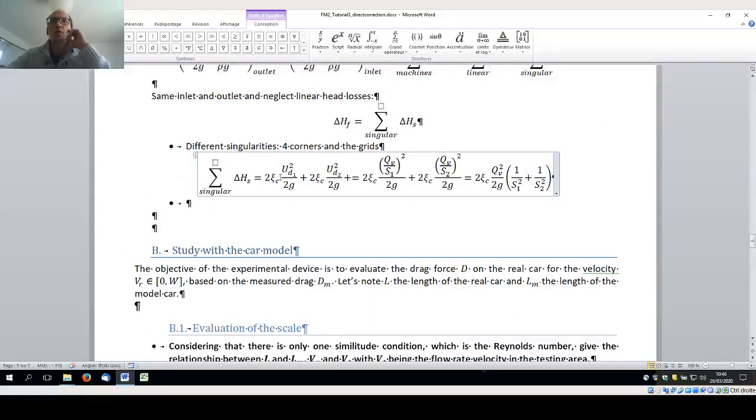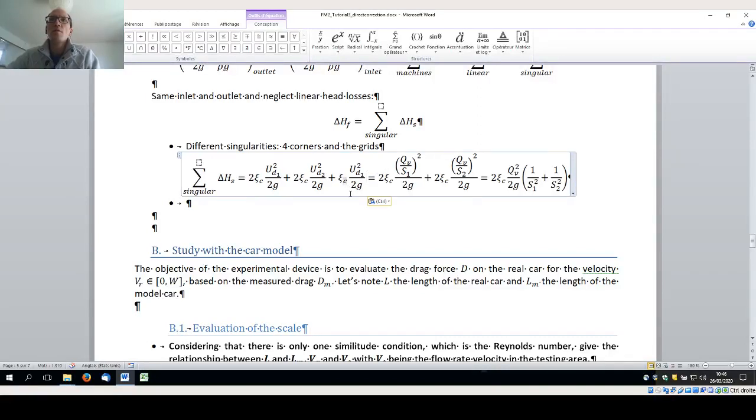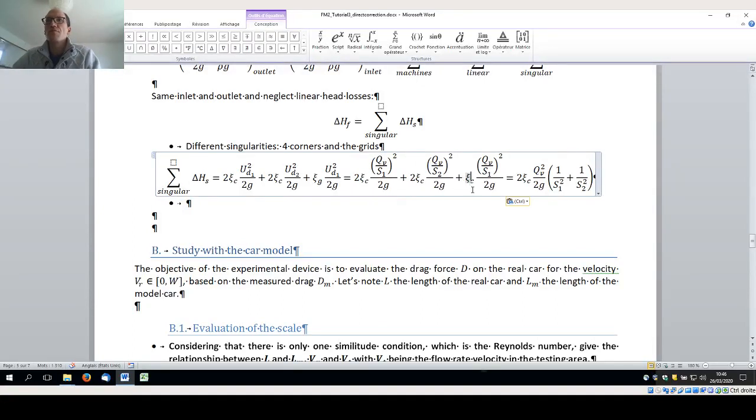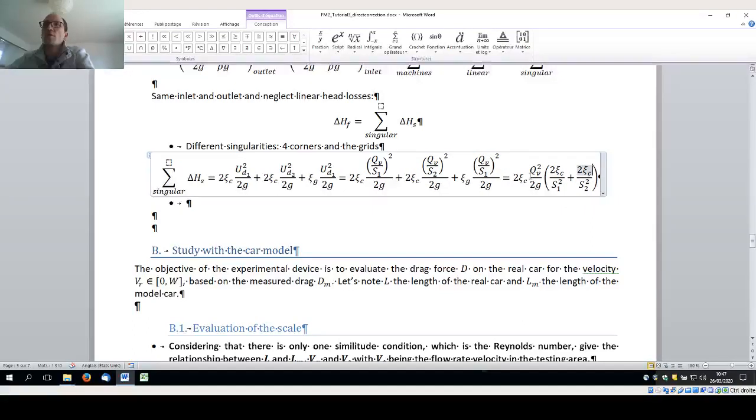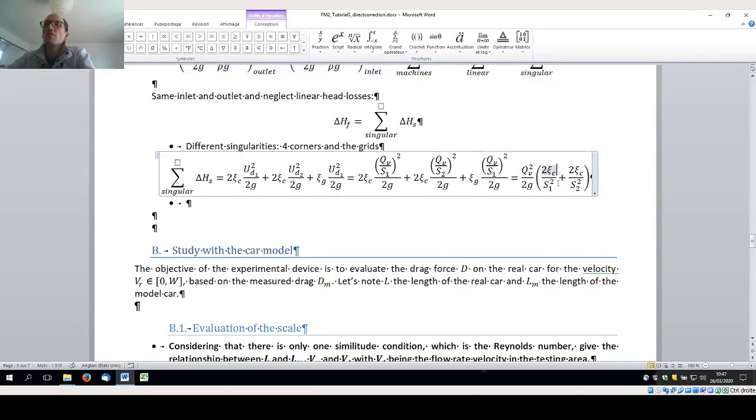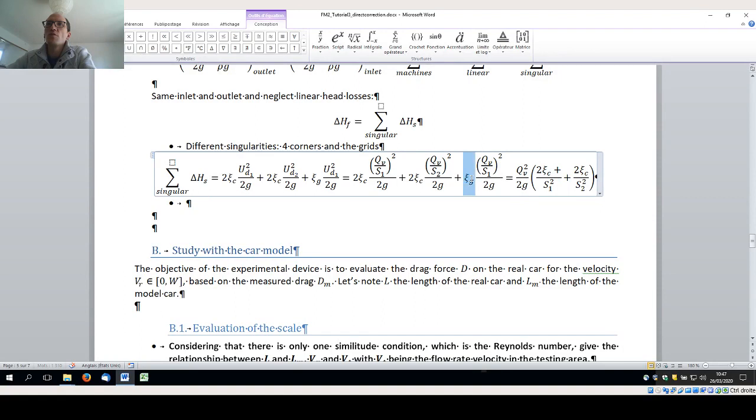So please, plus the grid over the same. So yeah, what we can maybe do is shorten the writing a bit, plus the grid, something like this.